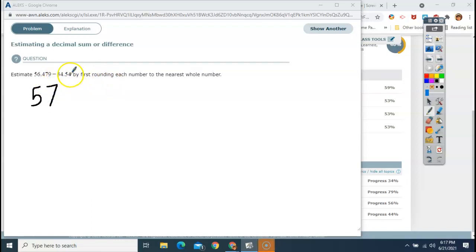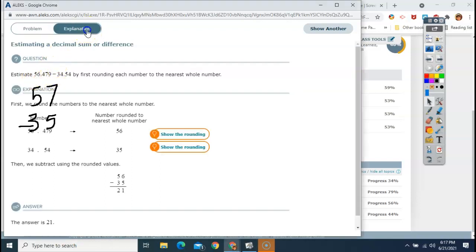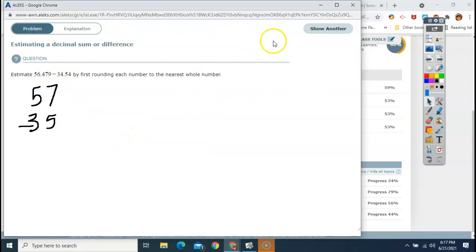And then this 34.5 should go up to 35. Normally with 0.479 you would look at the 9, the 7, and the 4, but I'm thinking in this explanation, it's only going to look at the 4. So yeah, it wants the 56 to remain as 56 and not 57.